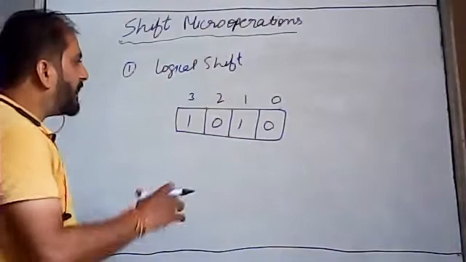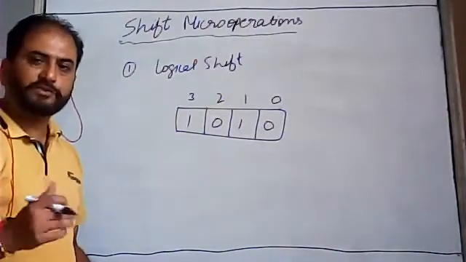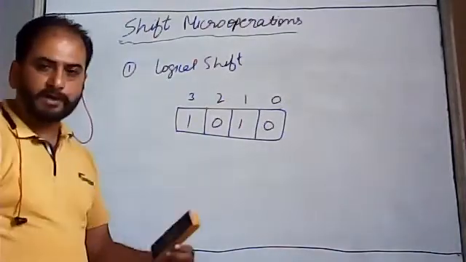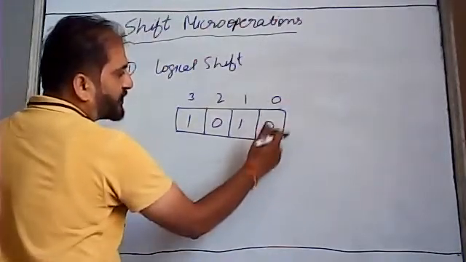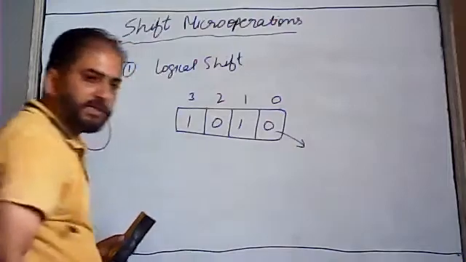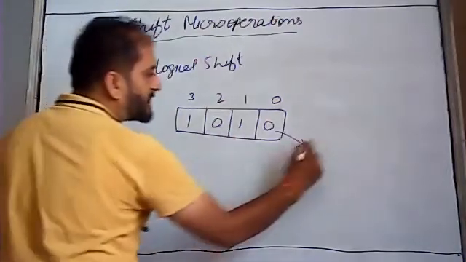So if I perform the logical shift right operation, the bit at position 0 is out from the register, or you can say this bit is discarded.